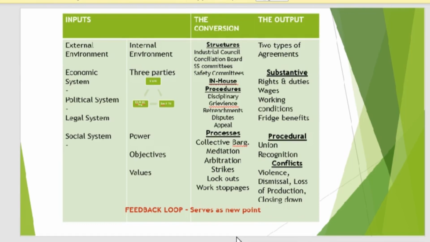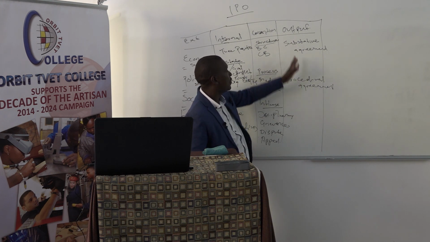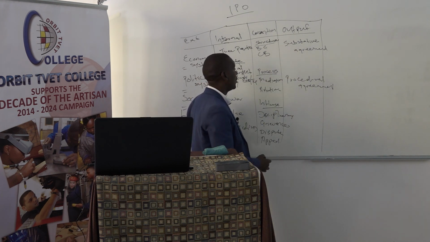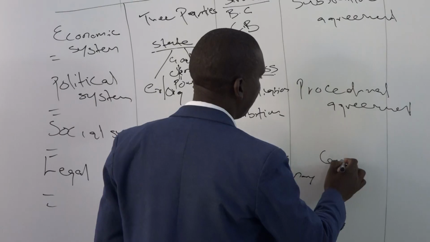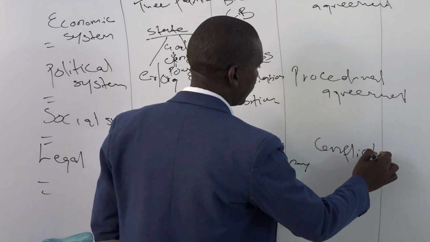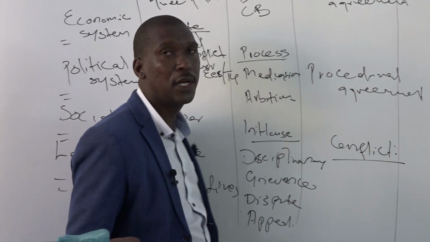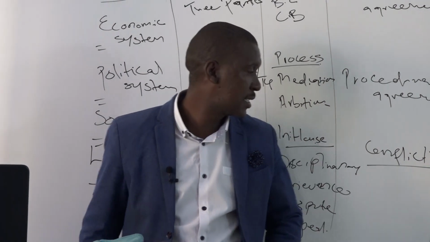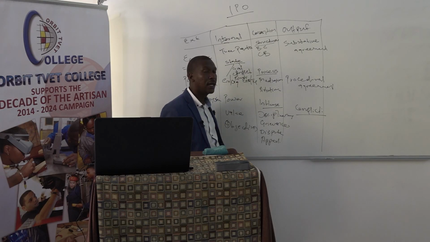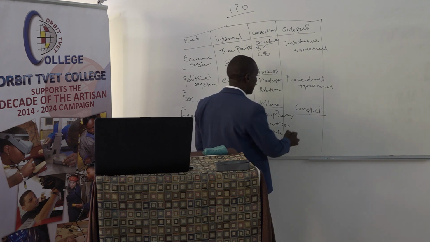Then lastly, if employer and employee cannot reach either of these two agreements, then we can have what you call a conflict. And what is a conflict in this case? A conflict can actually result in violence.